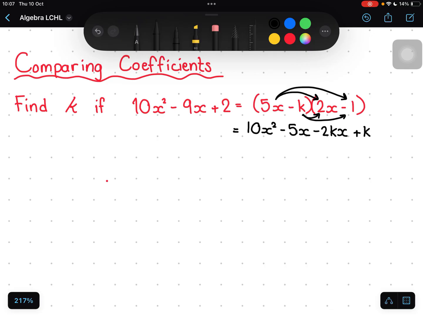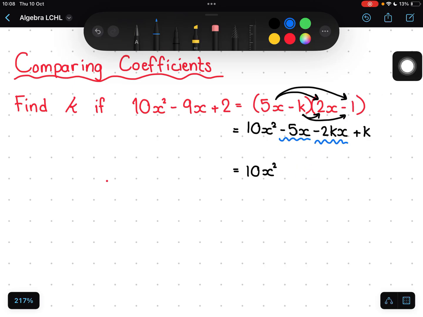Okay, so if I want to simplify this, I'm going to factorize out what's in front of the x's. Now, I don't need to do this in this question because we can already see we can compare the constant k at the end with the constant here. But if we didn't spot that, I would group my x terms together. So I have two like terms here, a minus 5x and a minus 2kx.